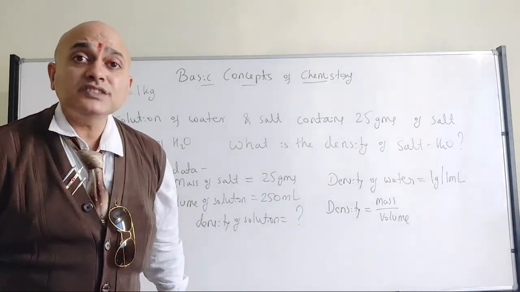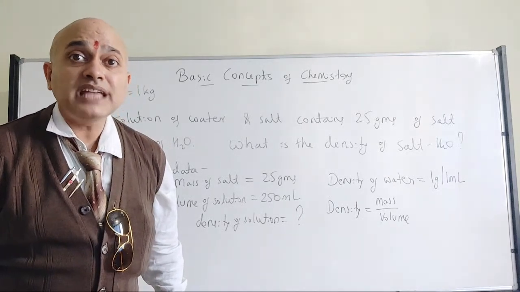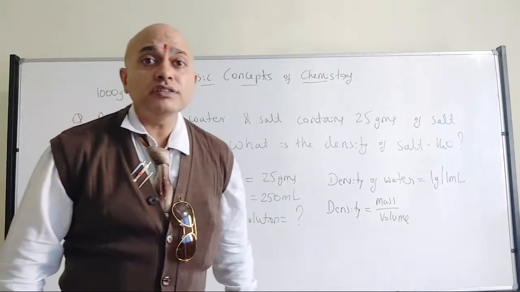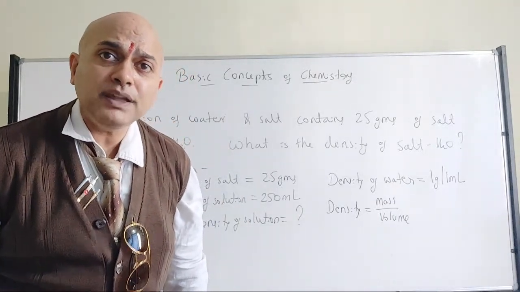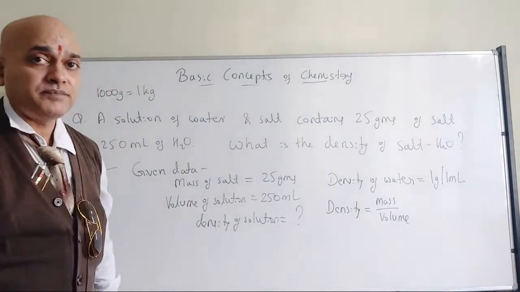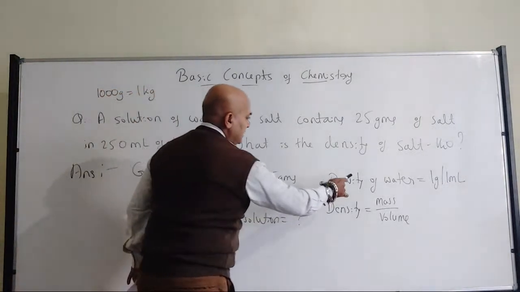Right? So that means we should know the mass of salt water solution. But they have given only the mass of salt. We have to find out the mass of water. Can any one of you tell me what will be the mass of water under the given condition? Question is here. Given data is here.